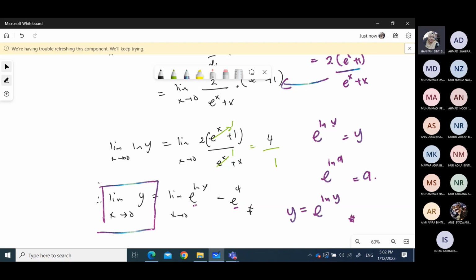So, bila you letak di sebelah kiri, di sebelah kanan pun you kena letak jugalah. So, kita akan dapat exponent of 4. Therefore, the answer for limit x approach to 0 for exponent of x plus x to the power of 2 over x is exponent of 4. So, ini jawapan dia.